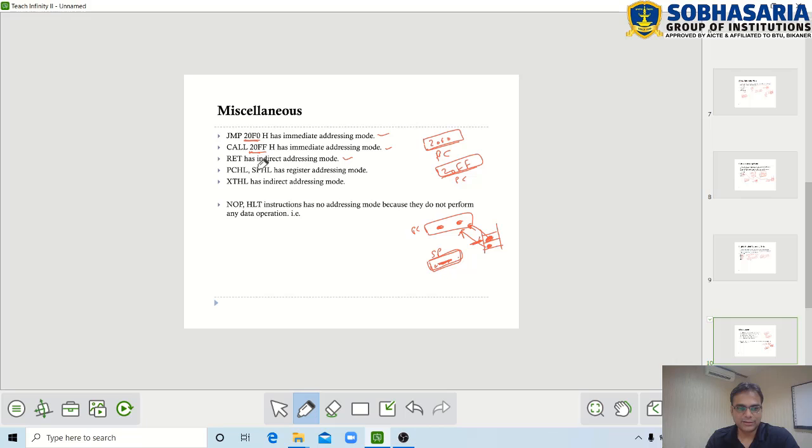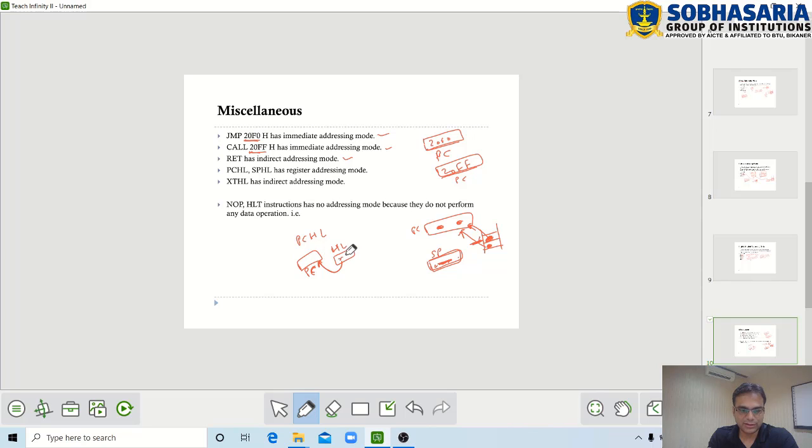Another instruction is PCHL and SPHL. These instructions are loading. PCHL is going to load the HL pair's data into the program counter. So this is a register to register transfer, and we are using this instruction for accessibility of registers.